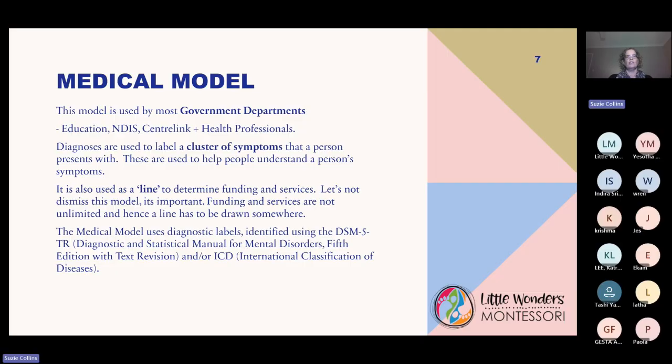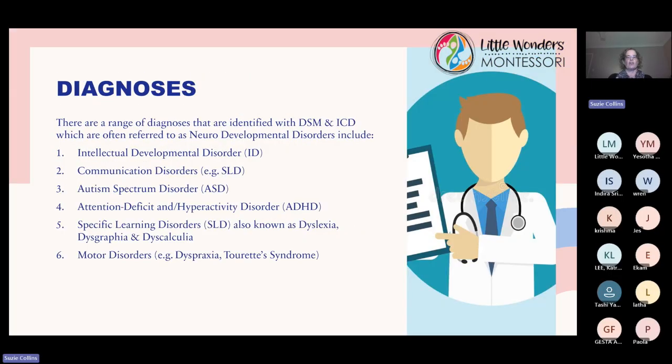So let's have a look at some particular diagnoses. Today, we're obviously focused more on children, so I wanted to have a look at the different diagnoses that fall under what we call neurodevelopmental disorders. One of the specific disorders under that category is intellectual development disorder.